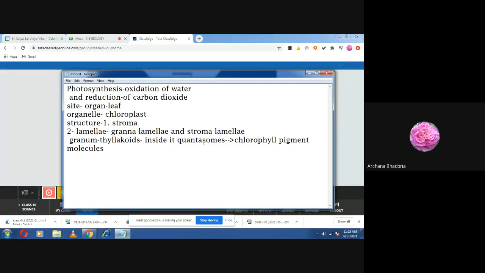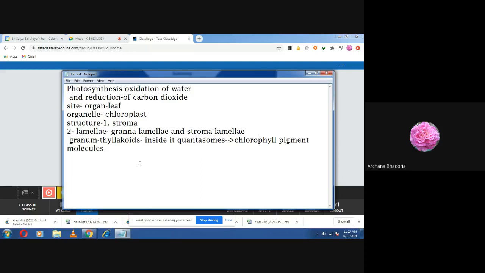So the oxidation of water will occur inside the quantasome, and that process is known as photolysis of water. What is it called? Photolysis of water.